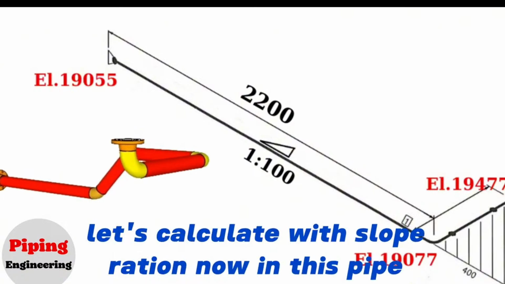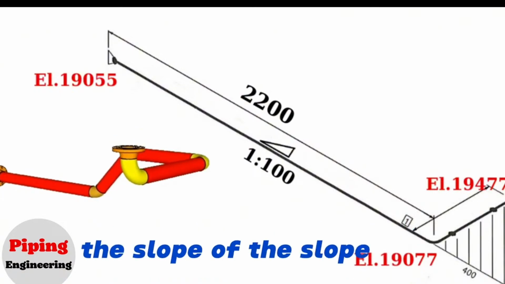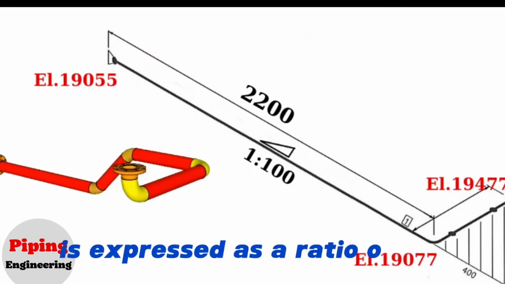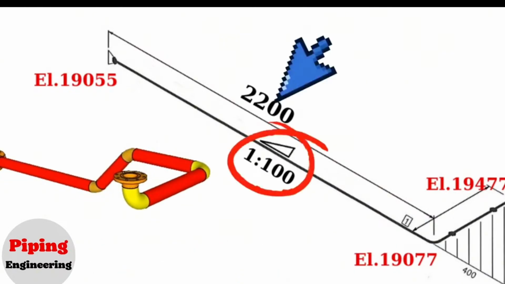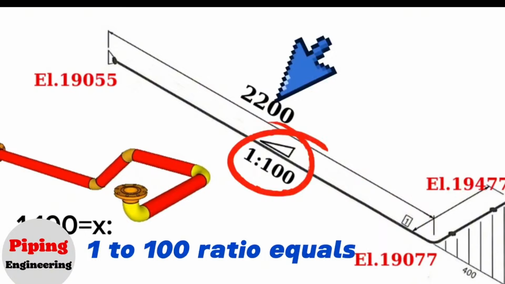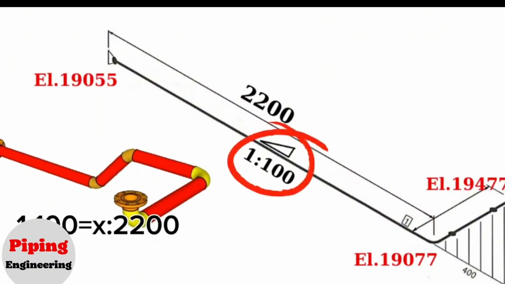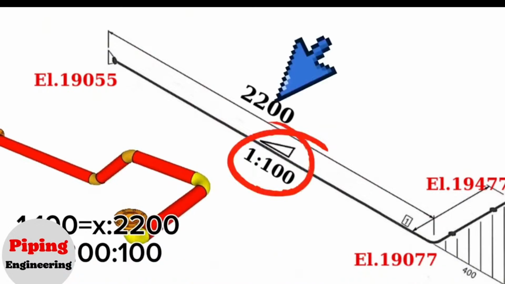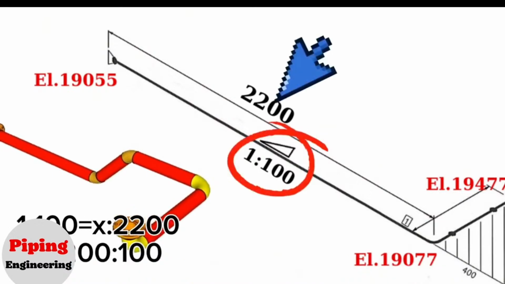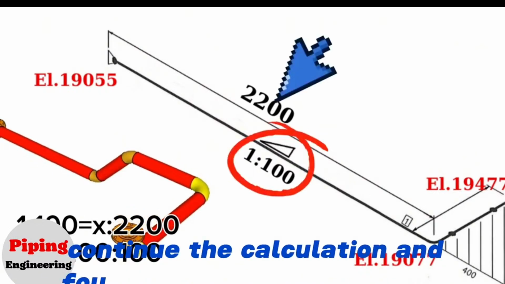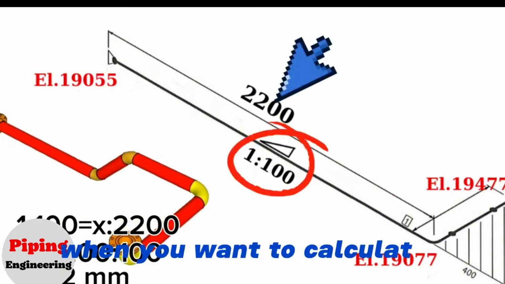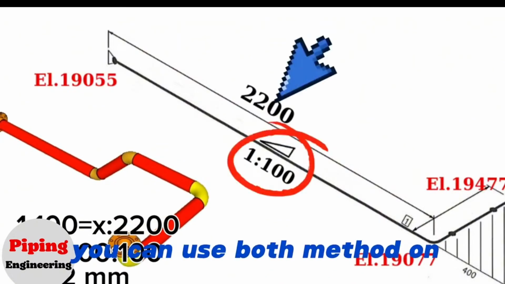In this pipe isometric drawing, the slope at a horizontal distance of 2,200 is expressed as a ratio of 1 to 100. 1 to 100 ratio equals x to 2200. Here x equals 2200 divided by 100. Continuing the calculation, we find x equals 22 mm. When you want to calculate a slope, you can use both methods on the piping drawing.